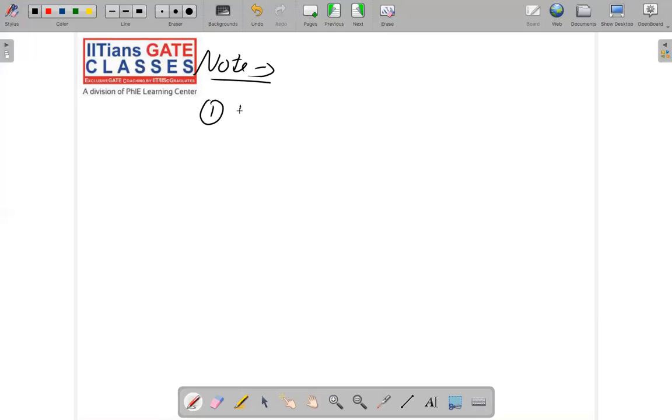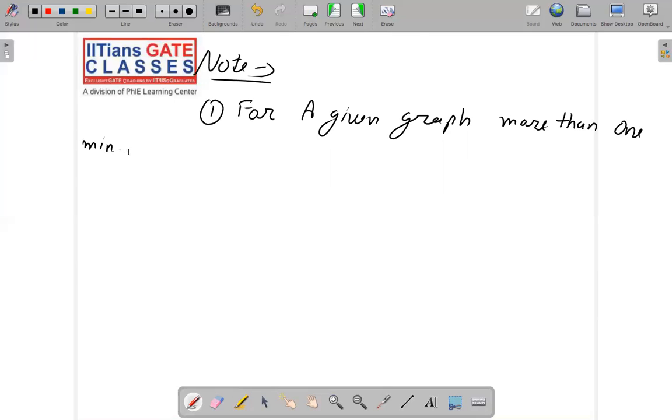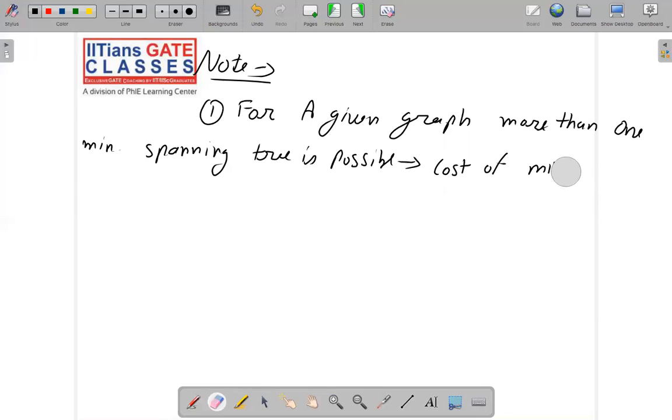Note that for a given graph, more than one minimum spanning tree is possible. Sometimes we don't have multiple minimum spanning trees, sometimes we do.